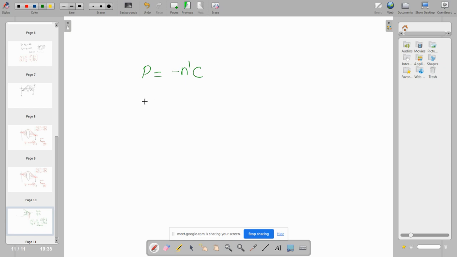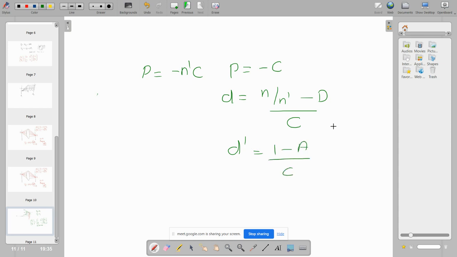So P is equal to minus C. Then d is equal to n by n prime minus capital D upon capital C, and d prime is equal to 1 minus A by C. So by finding all the values, you will get P, d, d prime.